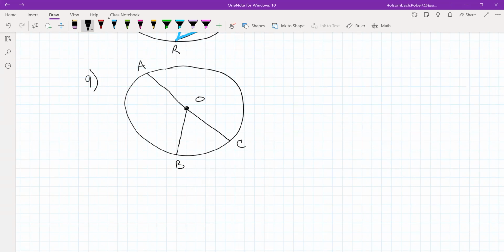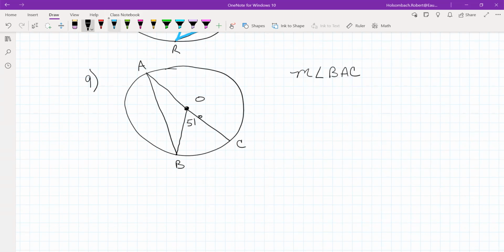And then we're going to connect A and B. We are told that BOC is 51 degrees, and we need to find the measure of angle BAC.